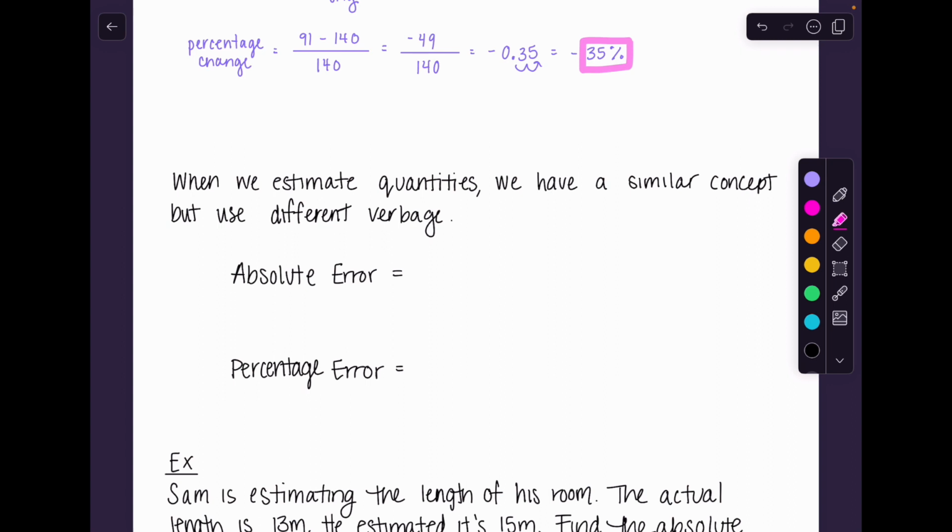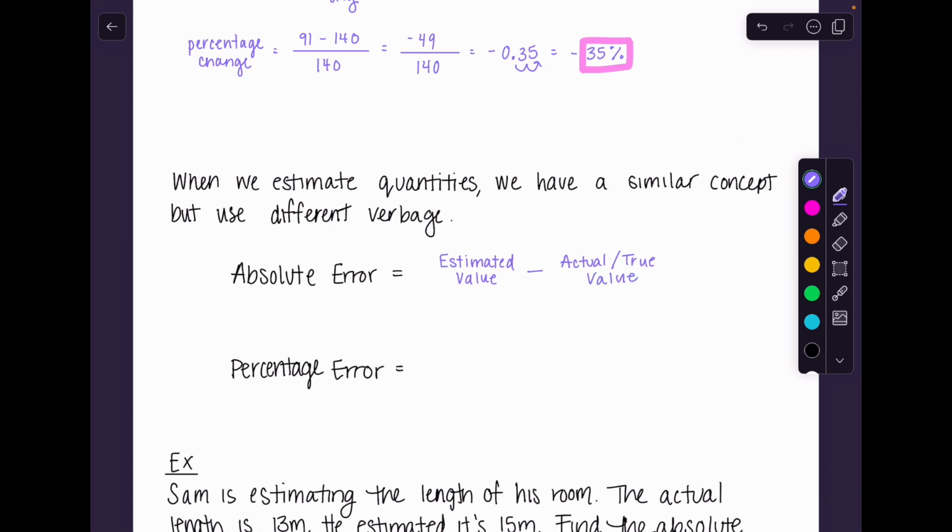So you have an estimated value, but then there is a true or an actual value. The absolute error is just going to find the difference between these two. So our absolute error is we're going to take the estimated value and we're going to subtract the actual, or you can call it the true or real value.